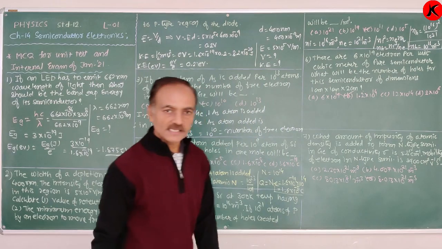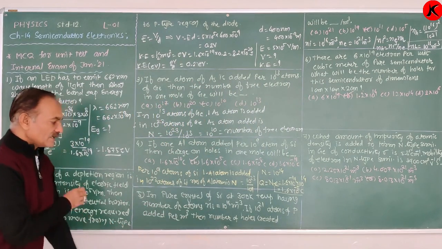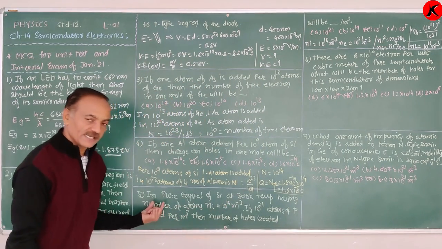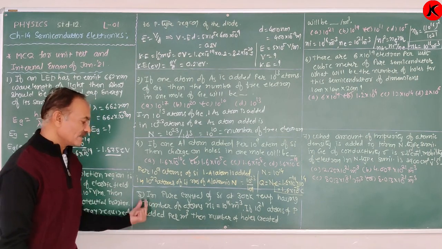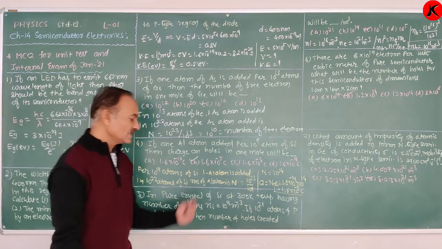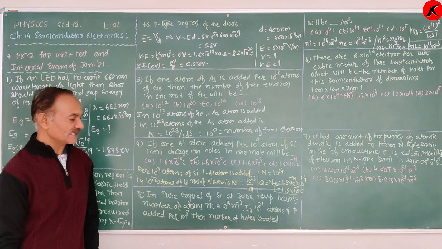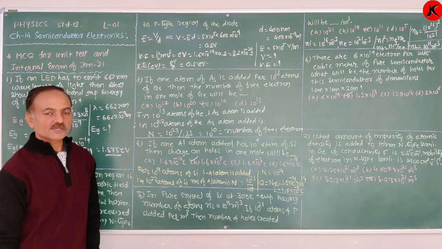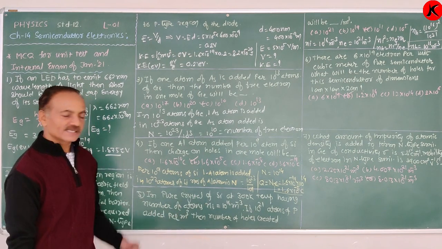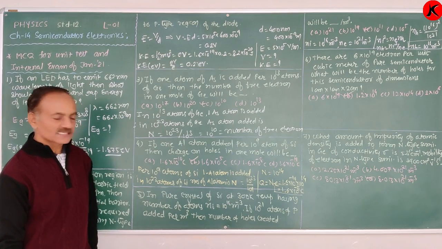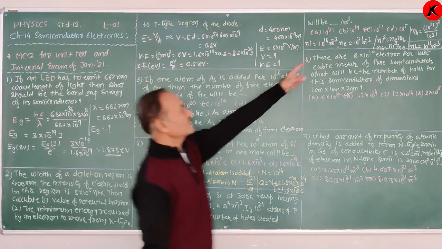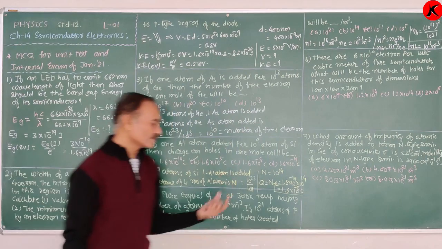So very easy. Now listen, first thing, in a pure crystal of silicon at 300 Kelvin temperature, the number density of the intrinsic charge carriers Ni is given. Therefore, Ni is equal to 10^16 per meter cube.